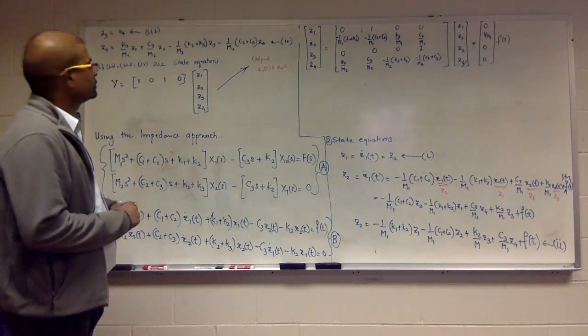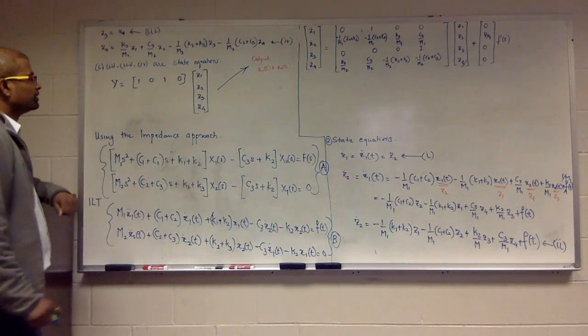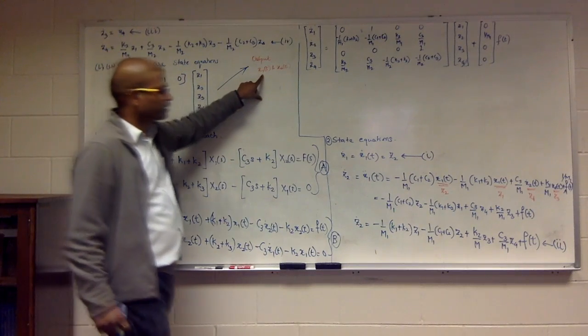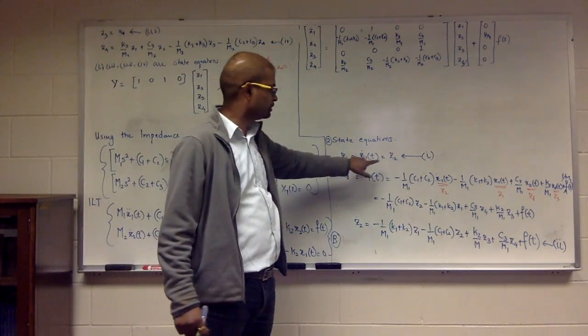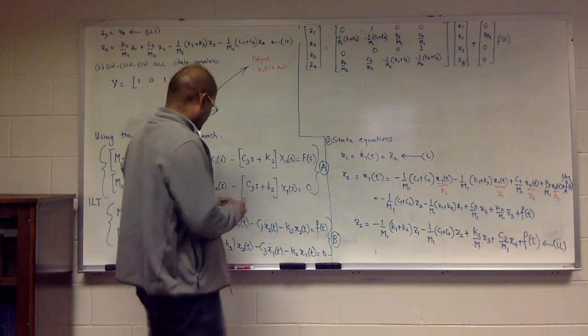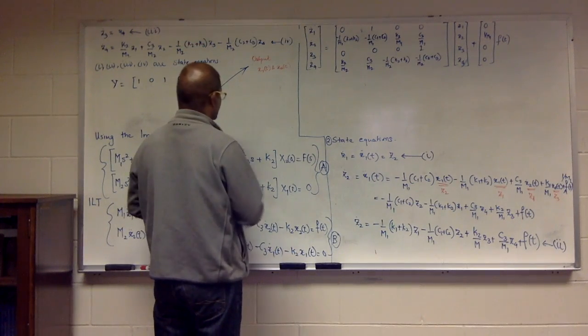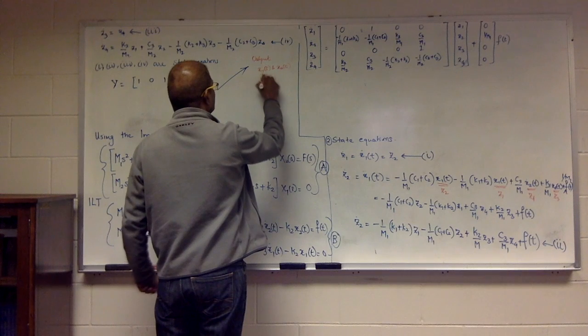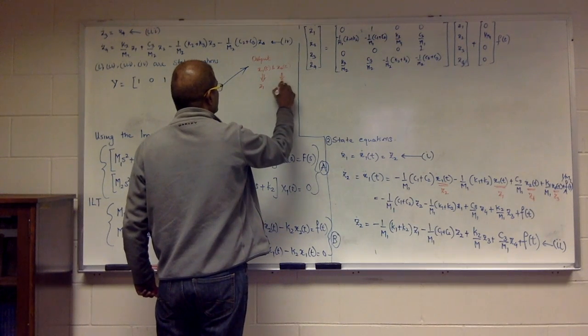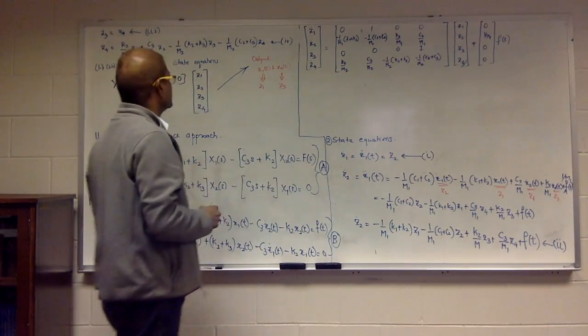So you have this. What is x1 of t in terms of the state variables? It is z1, right? This corresponds to z1, and this corresponds to z3.